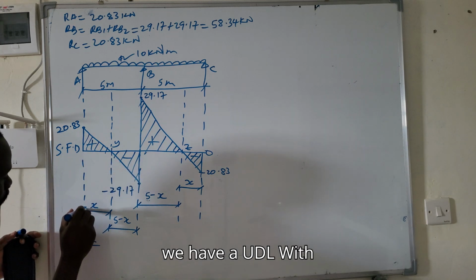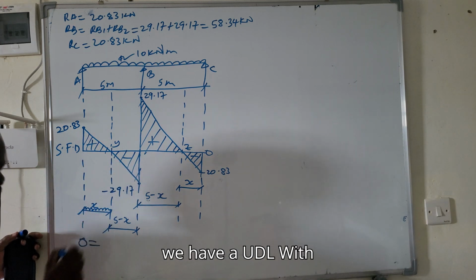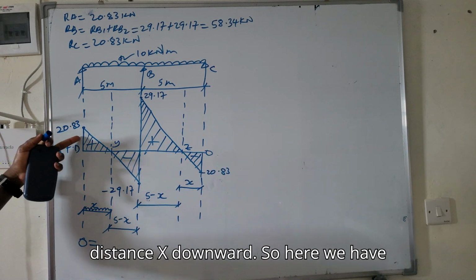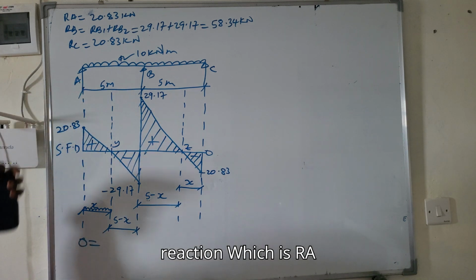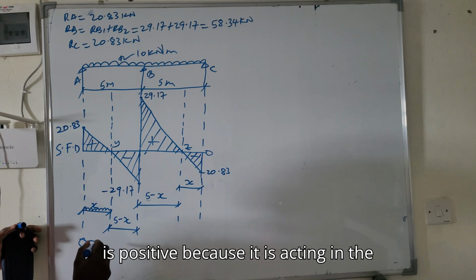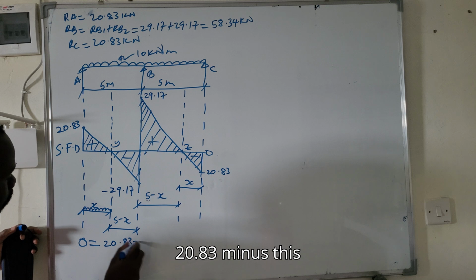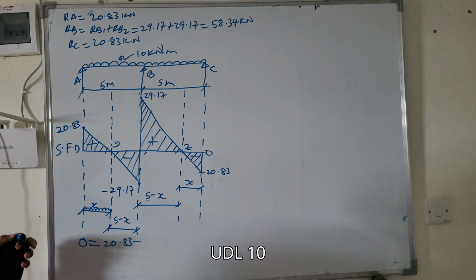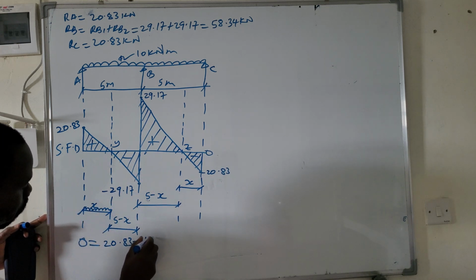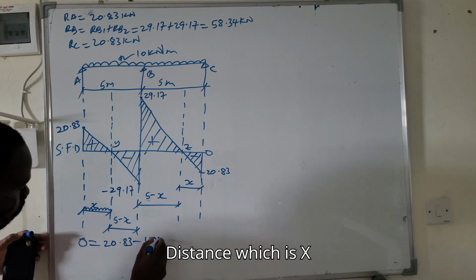So here we have a UDL with the distance x downward. So here we have reaction, which is RA. It is positive because it is acting in the upward direction, so it's 20.83 minus this UDL 10 times distance, which is x.